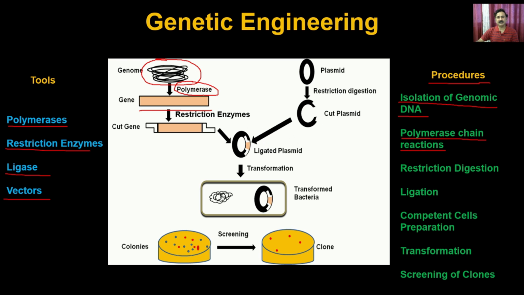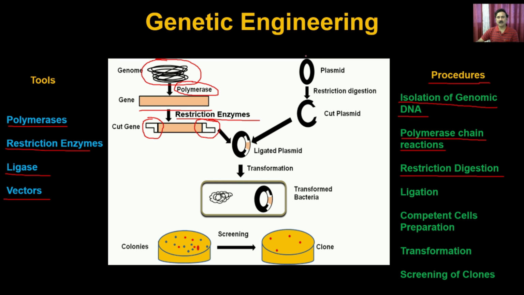Once you got the gene, you have to cut it with the help of restriction enzymes. You perform a restriction digestion reaction, and it is going to generate sticky ends on both sides of your gene.